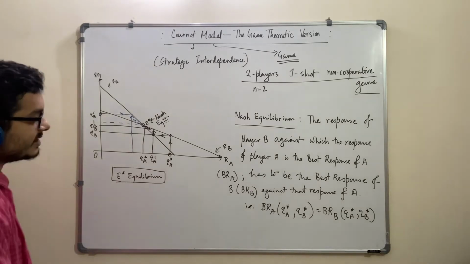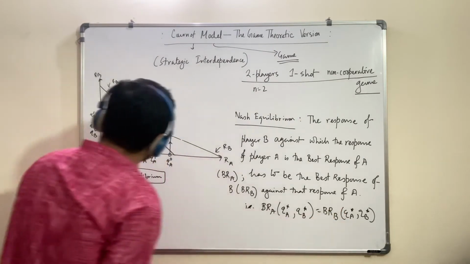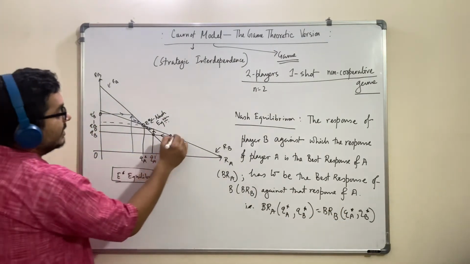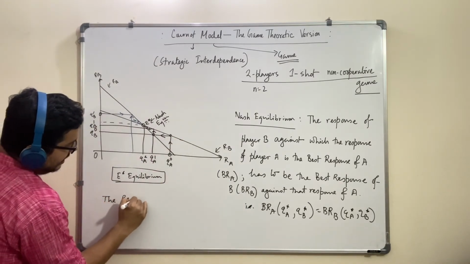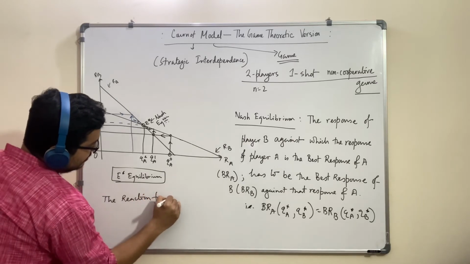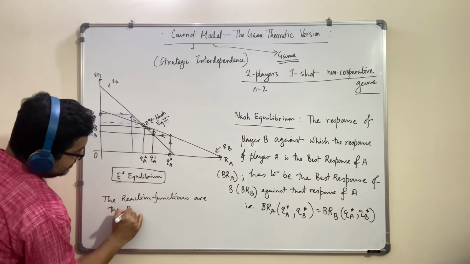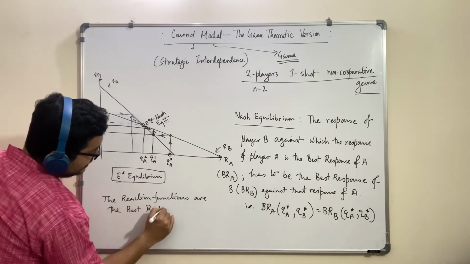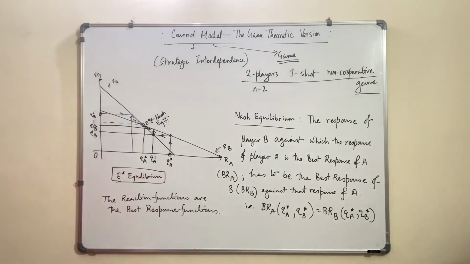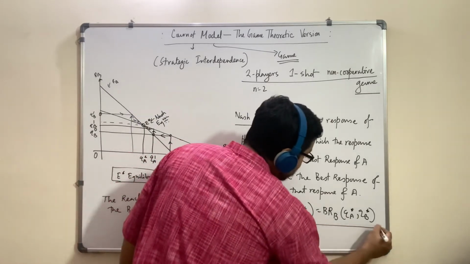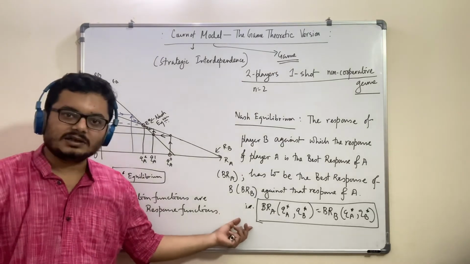So what we are saying is that what we said earlier, that is the intersection of the best response functions, and as we said, coming from optimization, the reaction functions are the best response functions. So to that there is no doubt. Okay? So these are the best response functions. So the QA star, QB star at which this is solved is our equilibrium.